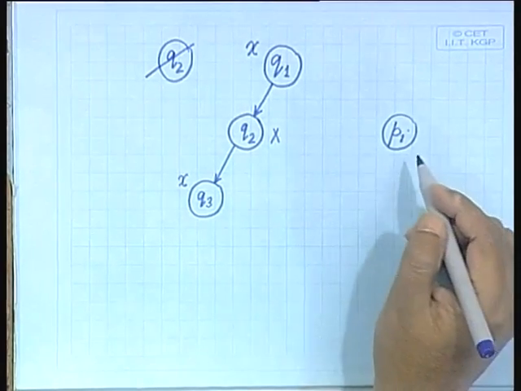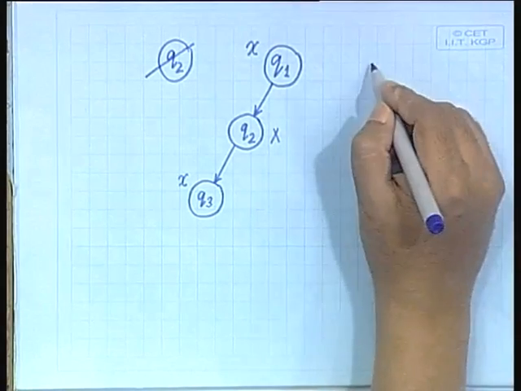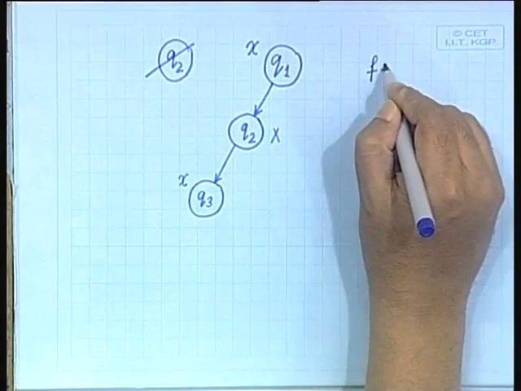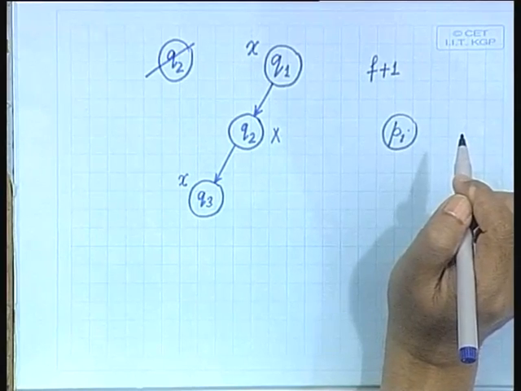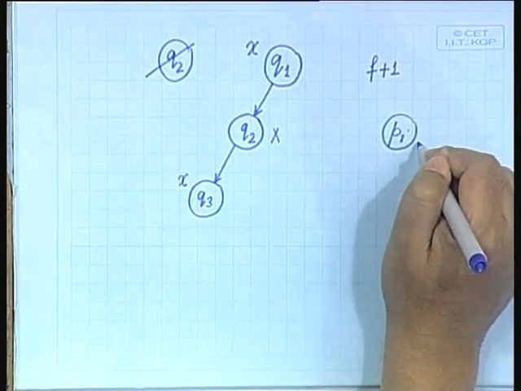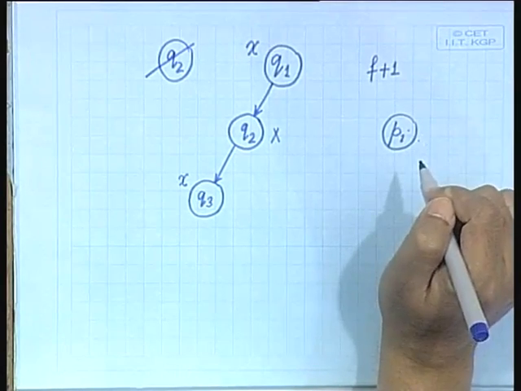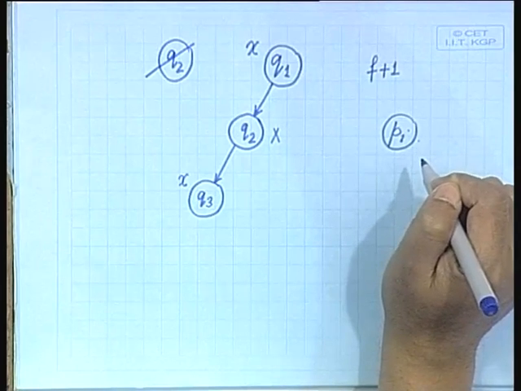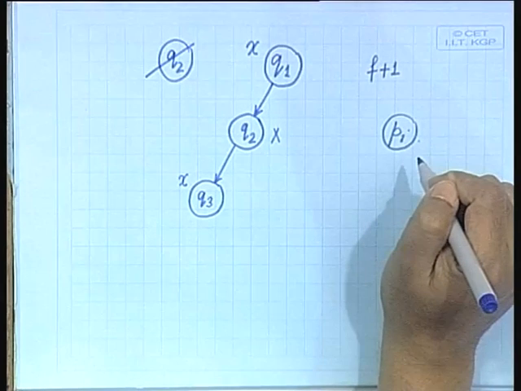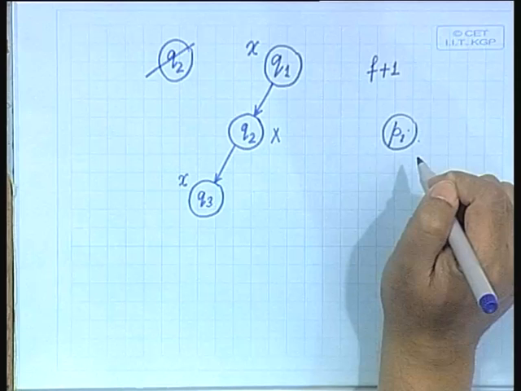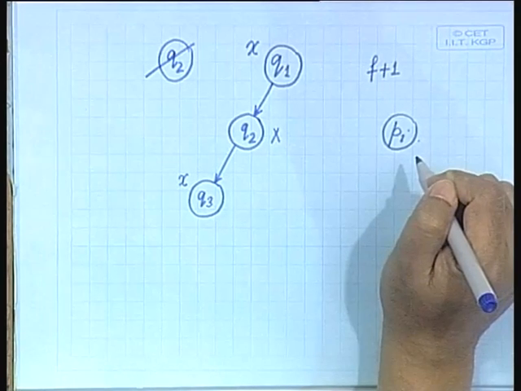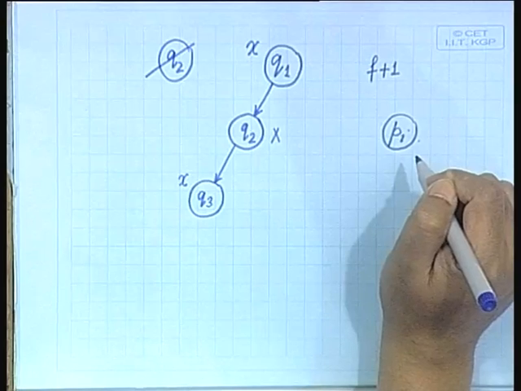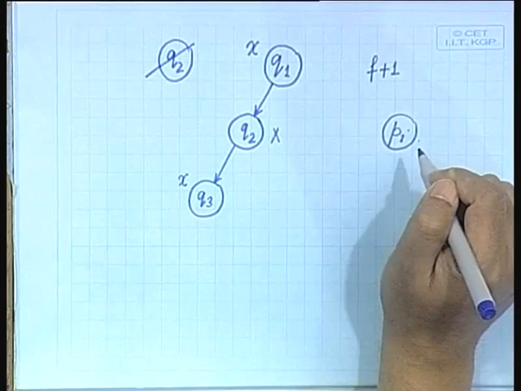Now, we know that after f plus 1 rounds the algorithm had terminated, and even at that point of time x had not reached Pi, right. So, how many processes must have failed? F plus 1 processes must have failed.